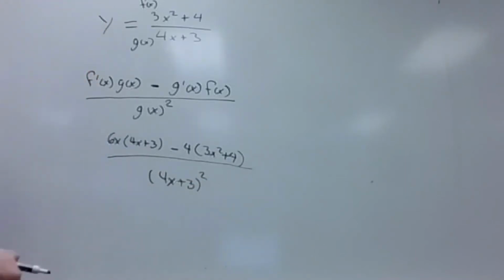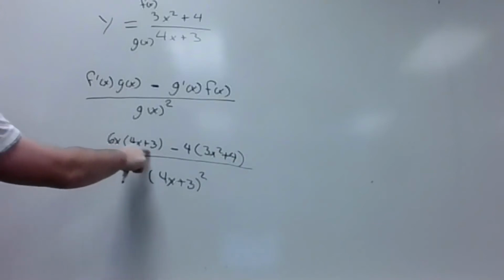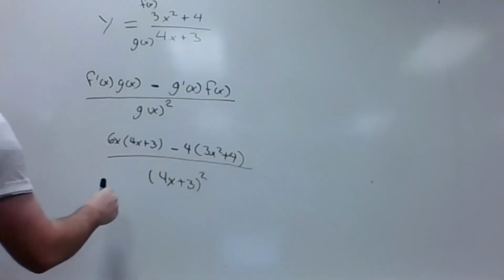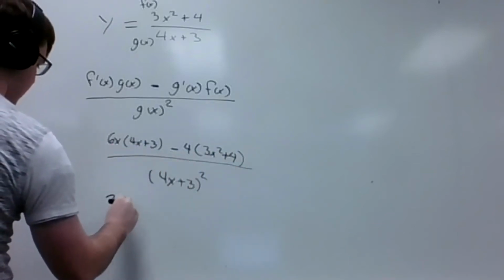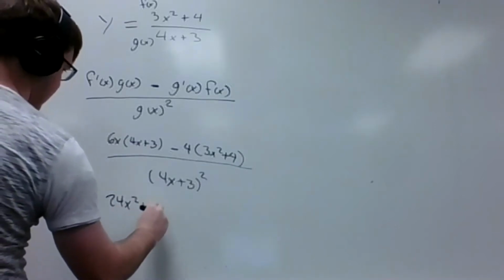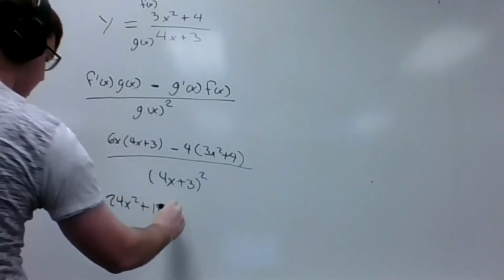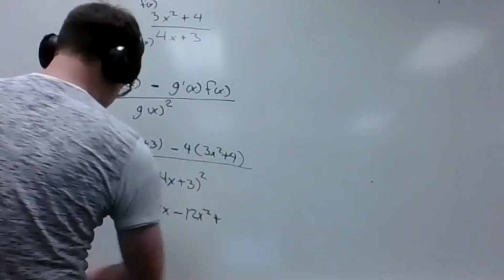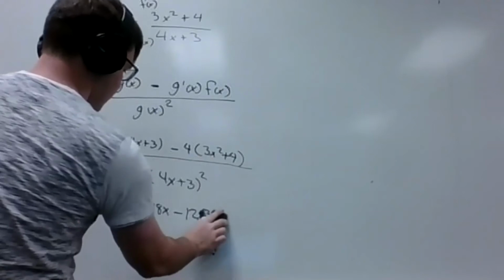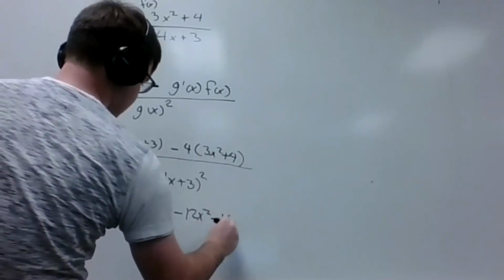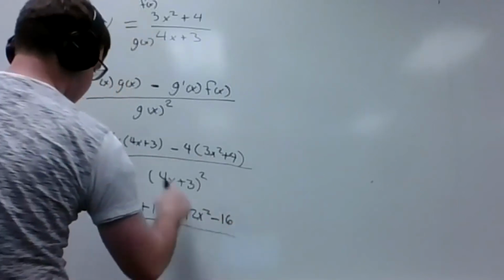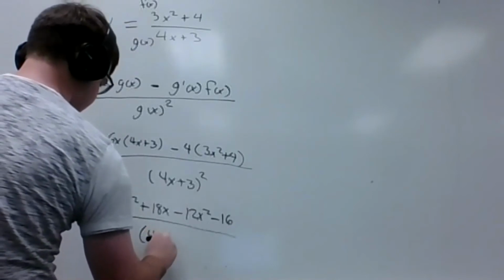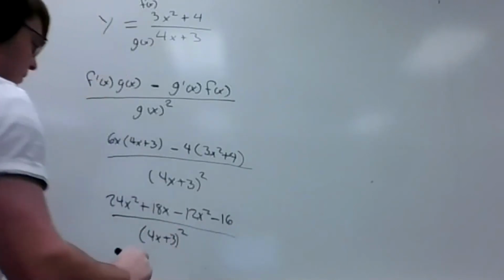Then we could simplify this one by multiplying this 6x in and this 4 in. So then we have 24x squared plus 18x minus 12x squared minus 16, all over the same, 4x plus 3 squared.